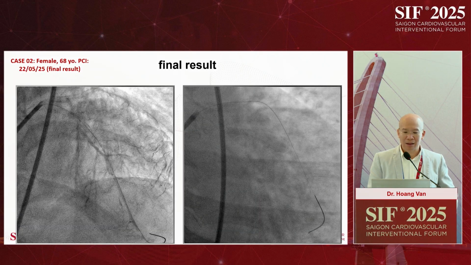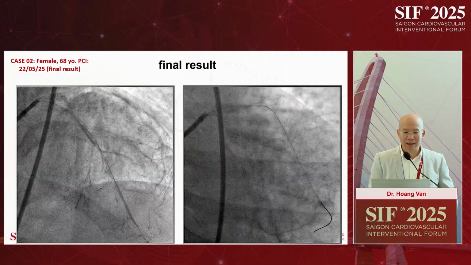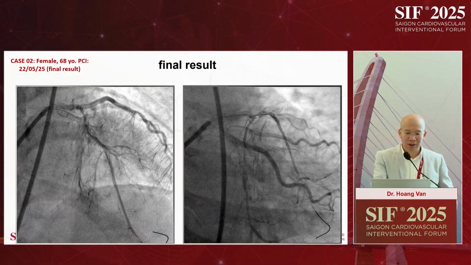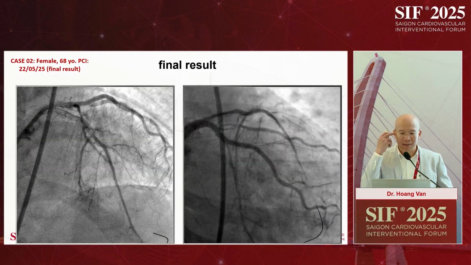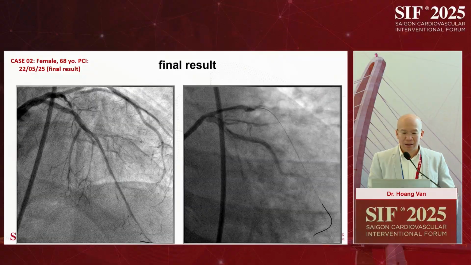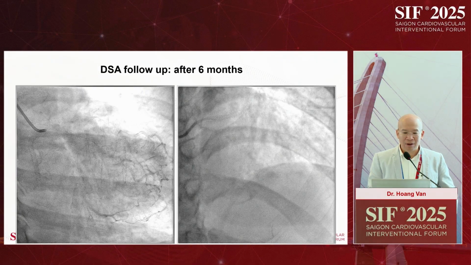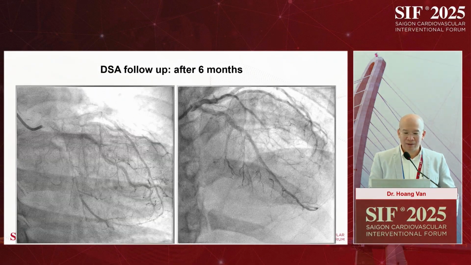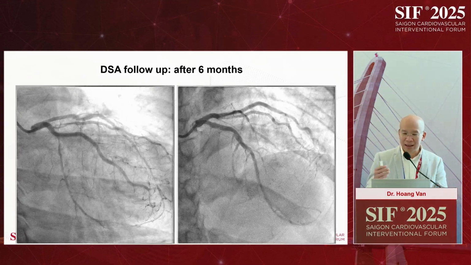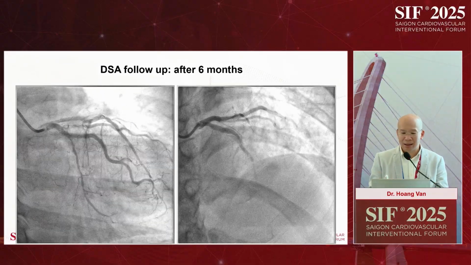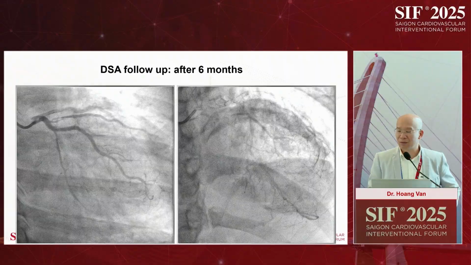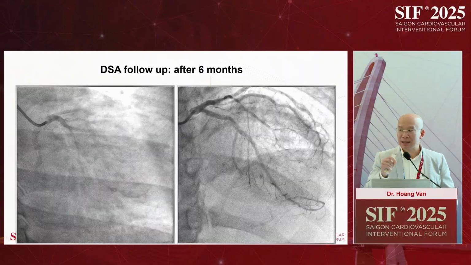The final result looks very nice. Yes, a little dissection proximally. You can see in the lesion maybe type E, so it is suitable for DCB. Six months later, we see a very nice LAD. The lesion is still open, and there is positive remodeling; the LAD is now bigger than normal.